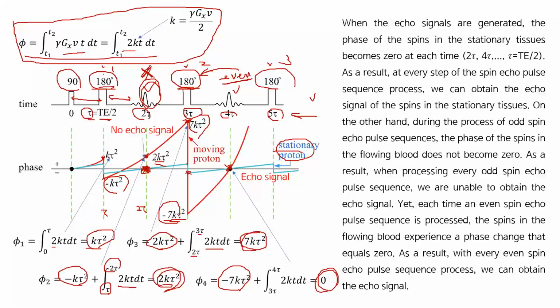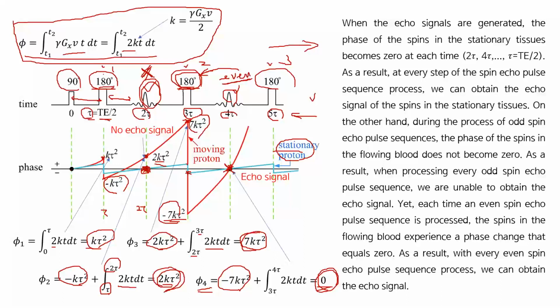So for even 180-degree pulse, the phase of the spins in the flowing blood is 0. So it gives the echo signal. So this is called even echo rephasing. Okay? So we can do the same thing in the third or fourth or other pulses.